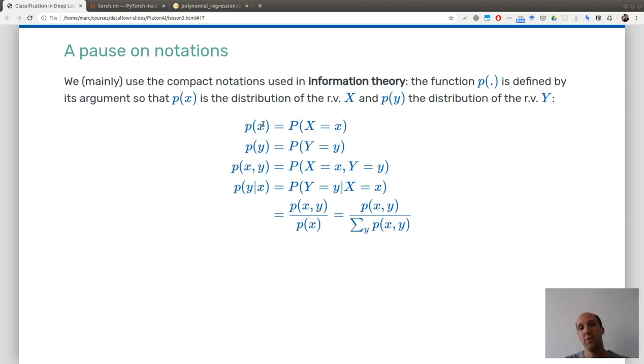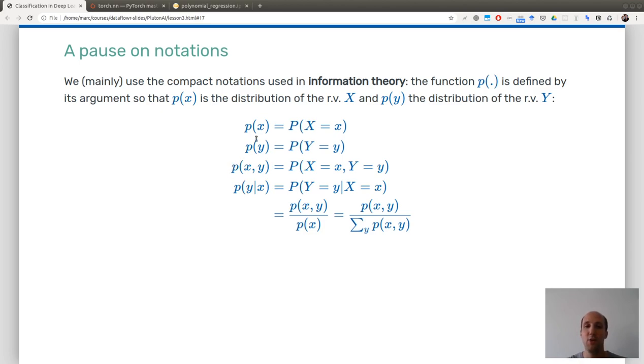Okay, so you see that you get much shorter notation than what you are used to in a probability course, and it turns out it's very convenient to write rather long formulas. So things you can write are things like that.